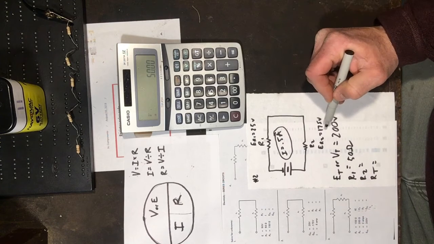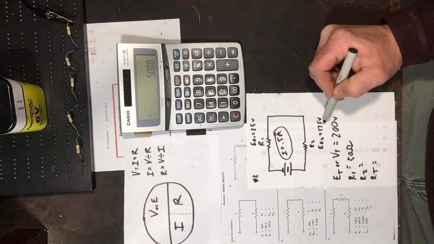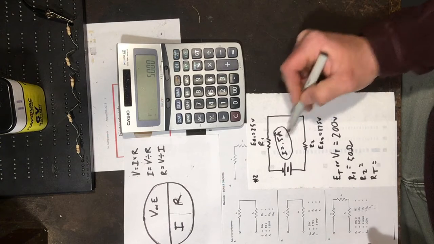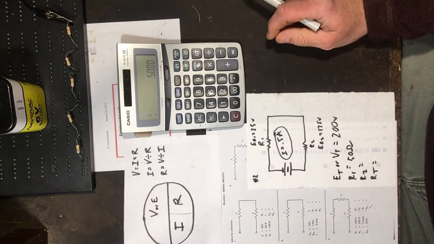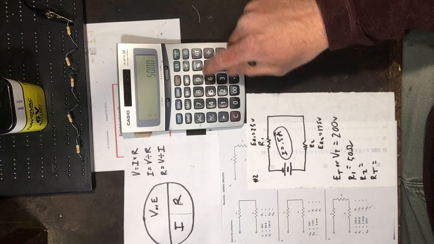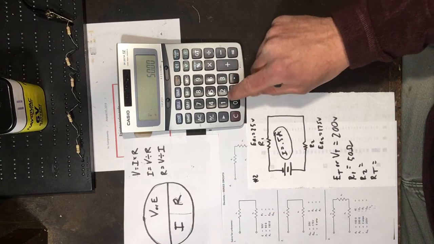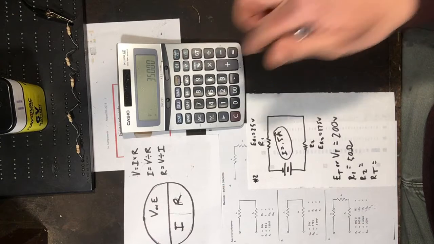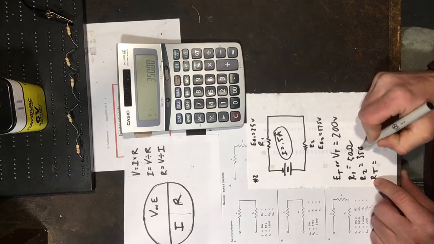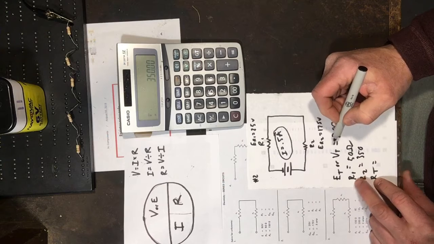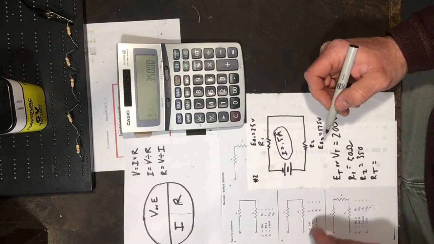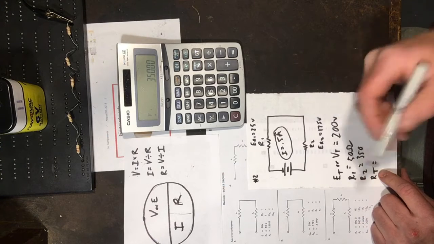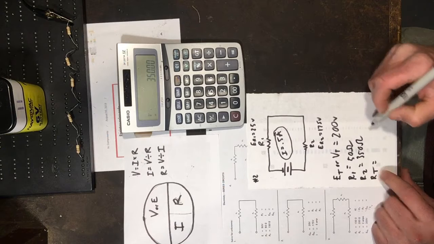Okay, so 175 divided by 0.5 would be twice that, right? So we have 175 divided by 0.5 equals 350, which is twice 175, because we divided by half, multiplied by 2. So that's ohms.